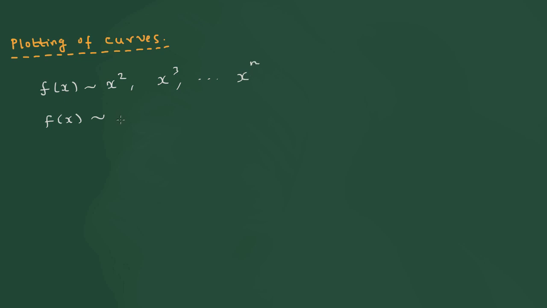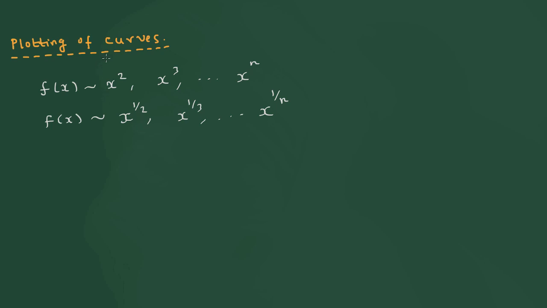You can also plot x to the power 1 by 2, x to the power of 1 by 3. In general, the function could look like x to the power of 1 by n. These are the most frequently used ones.